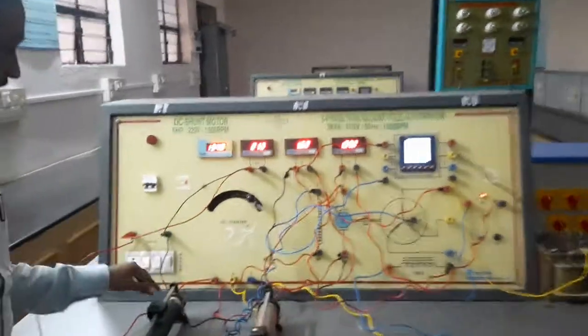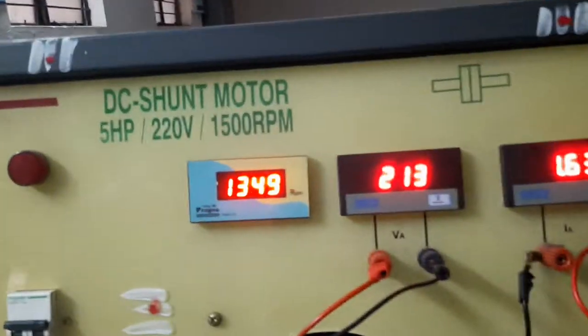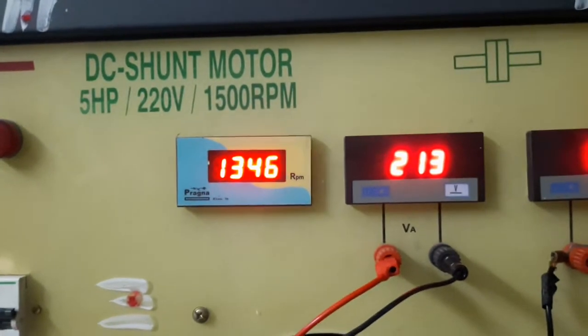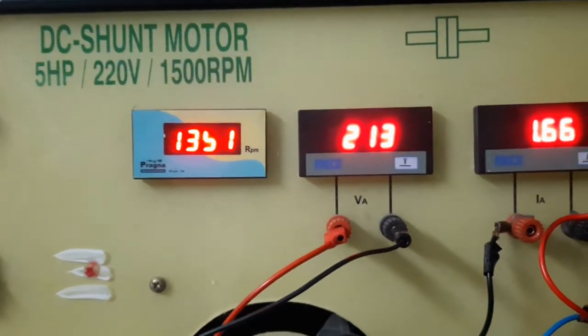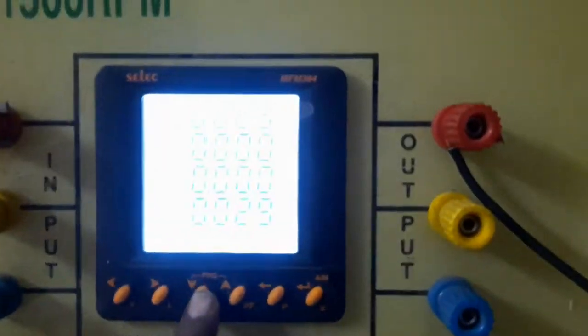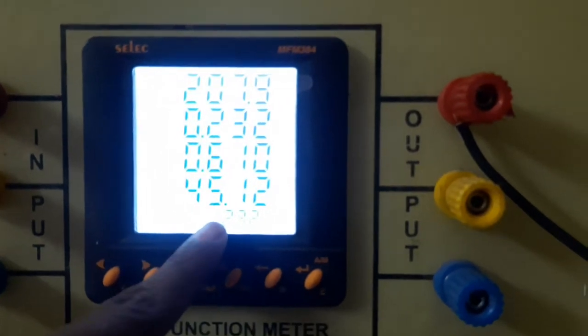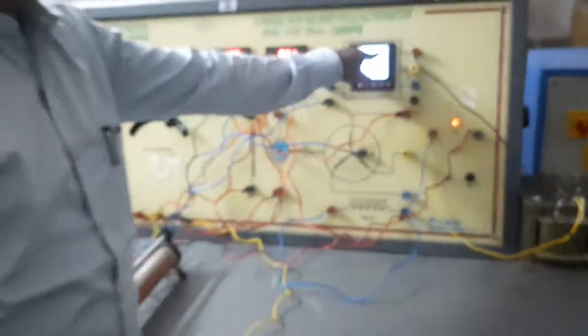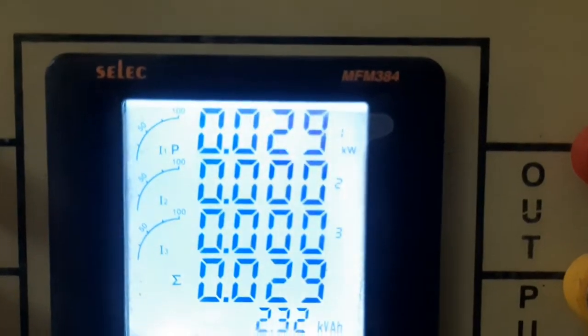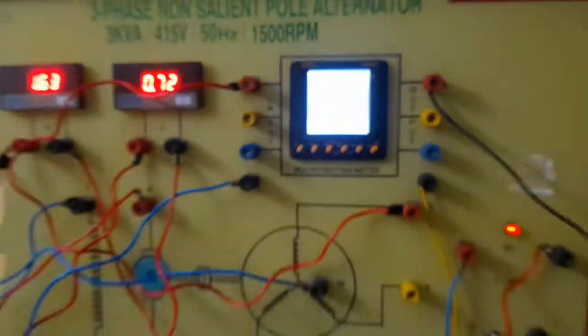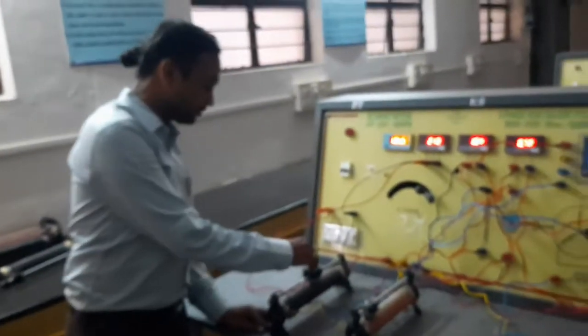Okay, now it is 1350 rpm. Observe the frequency for 1350 rpm. So 45 hertz, exactly 45 hertz. Also observe the power reading, that is 29 watt. Similarly, do for 1275 rpm.